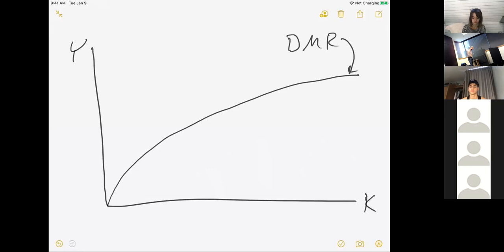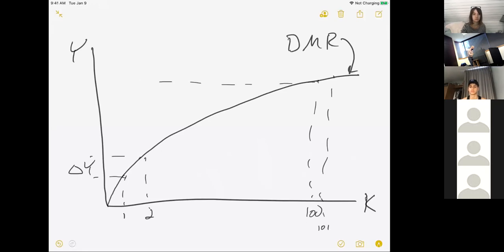If you think here, what happens as we move from 1 to 2? We had a big change in output. But what happens as we go up here from 100 to 101? Our change in output is much smaller.